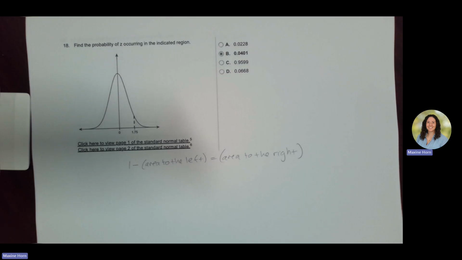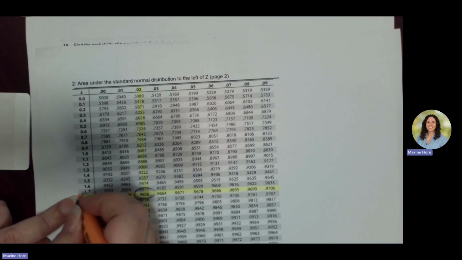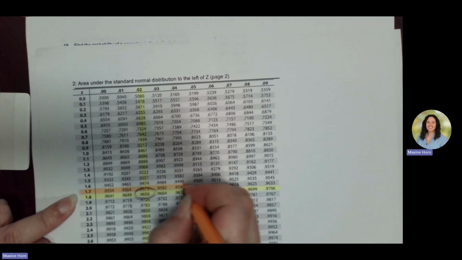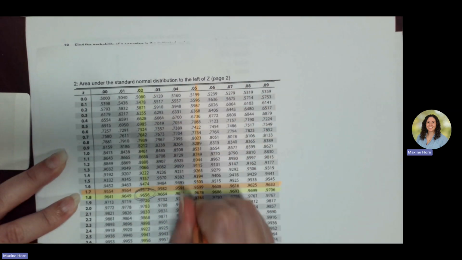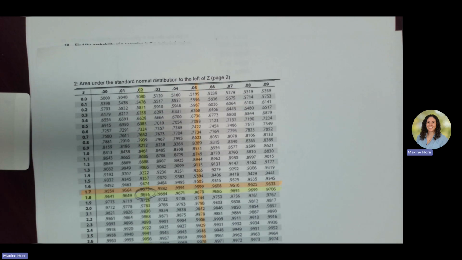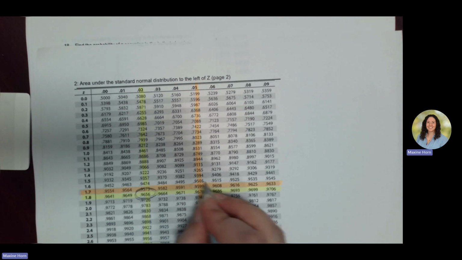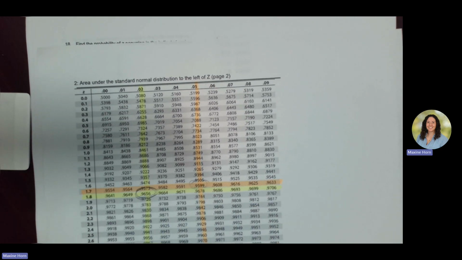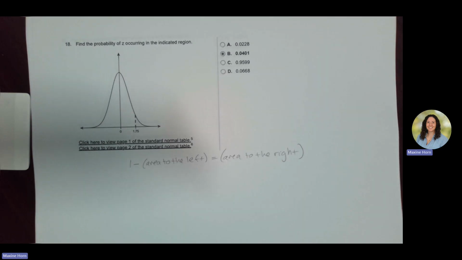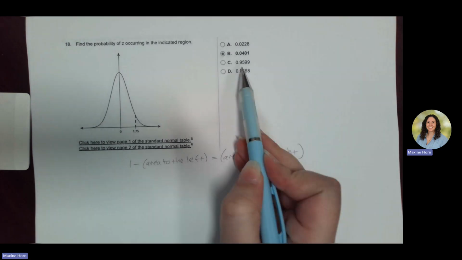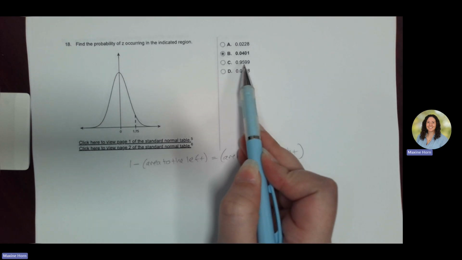All right, positive 1.75. So we're going to go to the table and we're going to go 1.7 is here, and then the 0.05 is here. So where the oranges intersect is 0.9599, and you'll notice that 0.9599 is one of the options here, right?